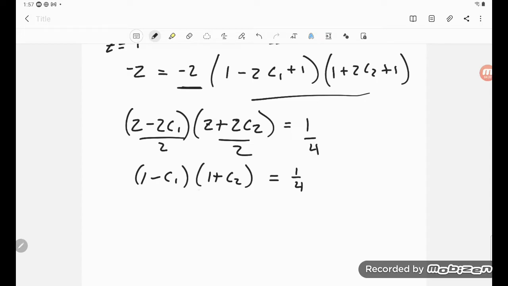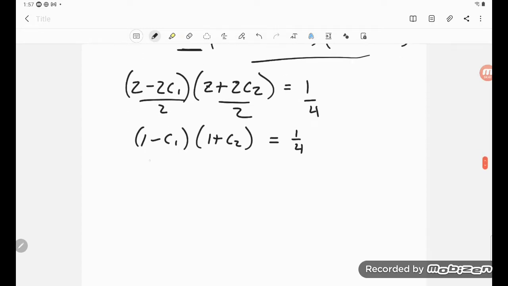And so this says what? That 1 minus C1 plus C2 minus C1, C2 is equal to 1/4.